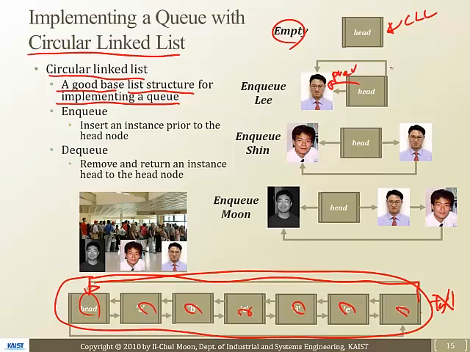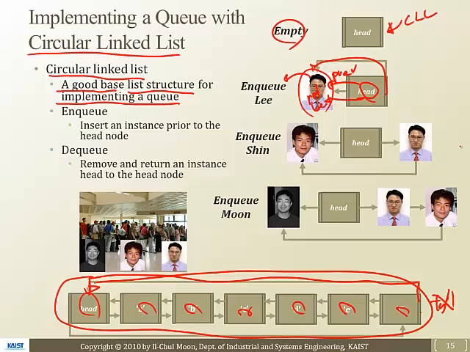So head's previous points to the new one. And because there is no other element, the previous one is actually head, so head's next becomes this one, all right? So that's what happens when enqueuing Li.